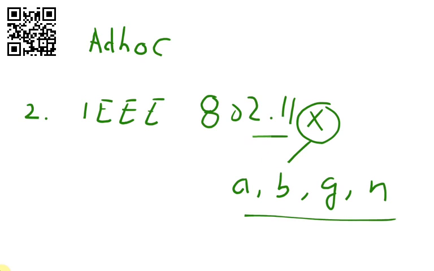We are going to discuss different flavors of 802.11 a, b, g, and n networks. And in the end, we will be discussing the security standards of IEEE 802.11 networks. So let's start our discussion of ad hoc networks.